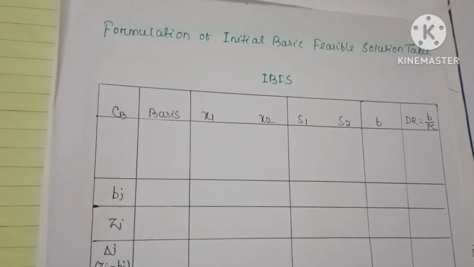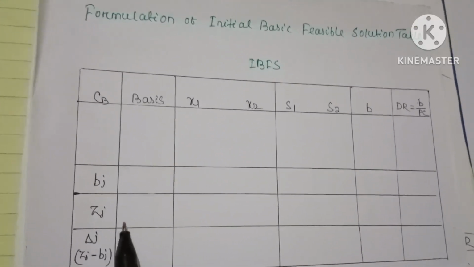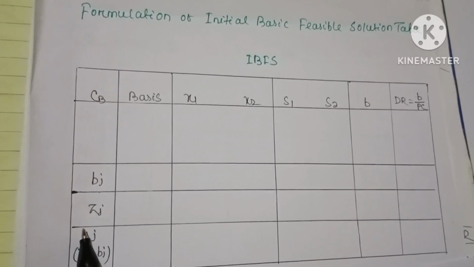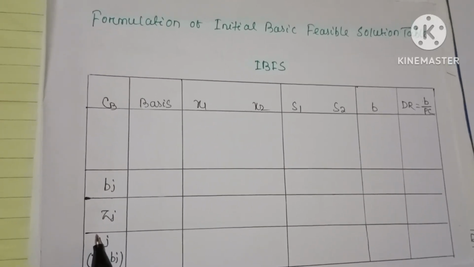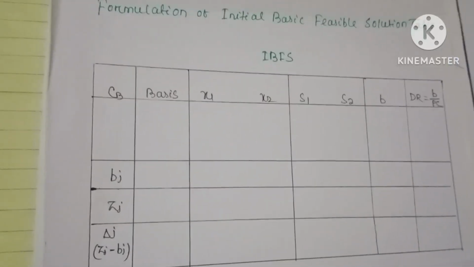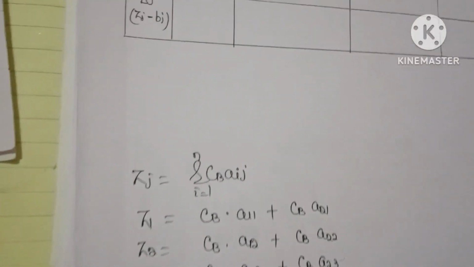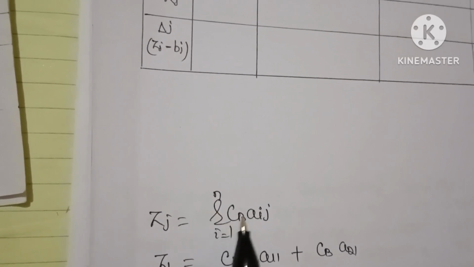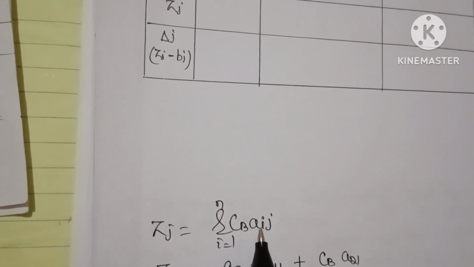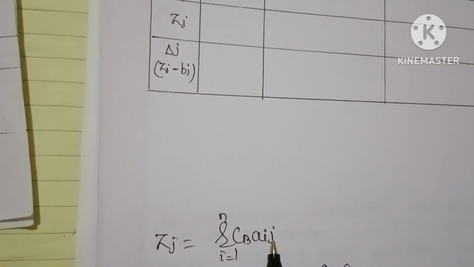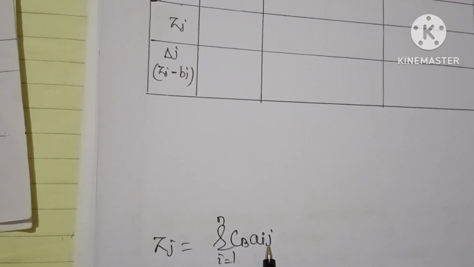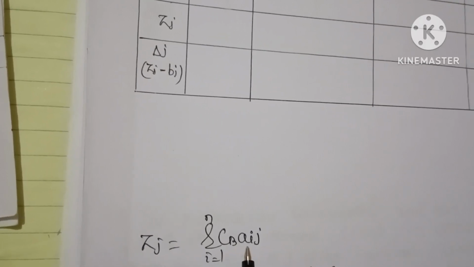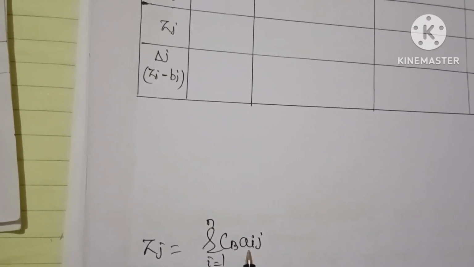And Zj, what is Zj? Zj is the row of opportunity cost, and it is a calculated value. So this is the formula to find Zj. How can you find Zj? It is the summation of the product of CB into aij, that means the summation of the product of the coefficient of the current basic variable and the respective coefficients of that row.